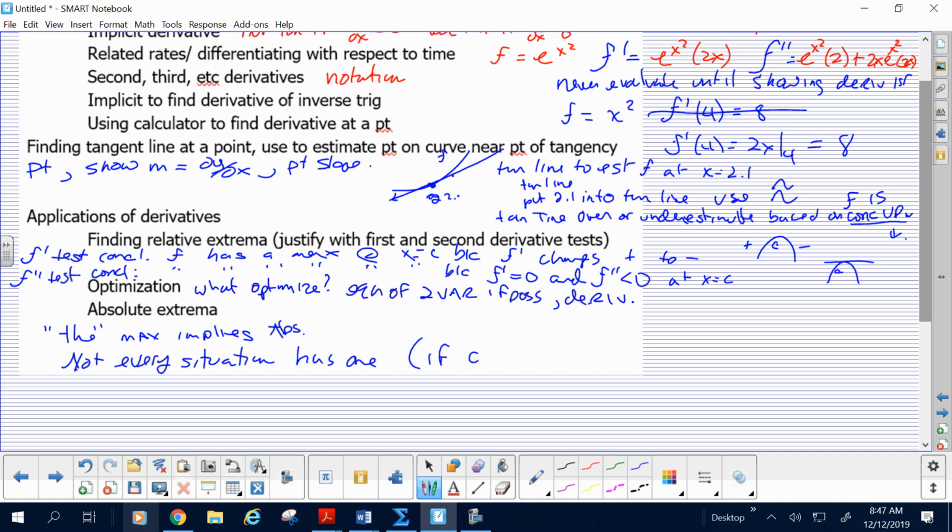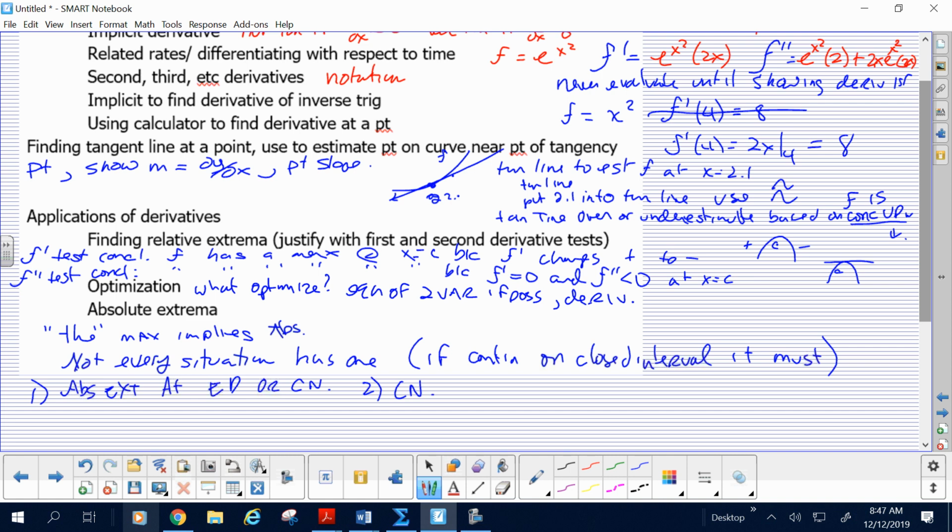If you have continuity on a closed interval, use the extreme value test. And hopefully, as you know, absolute extrema occur at endpoints or critical numbers. The first thing you would do is state that. Then you would say, here are the critical numbers.